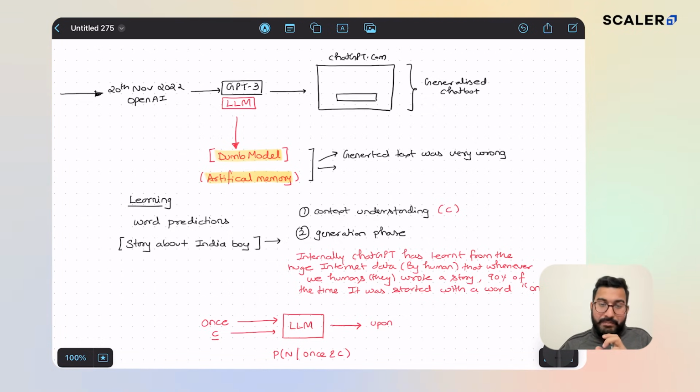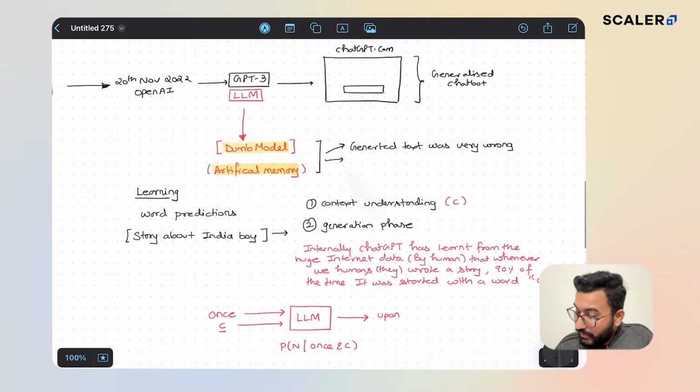The second problem, hallucination being the first, was that it was not able to reason. Reasoning means it was not able to think iteratively as we humans think. Now, if I ask you to prepare a cup of tea or a cup of coffee for me, you will plan the entire execution.